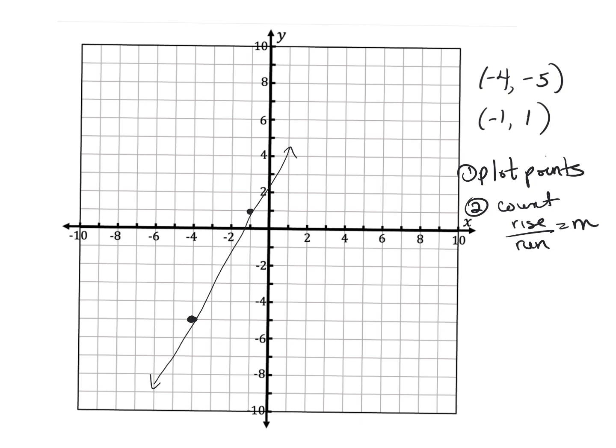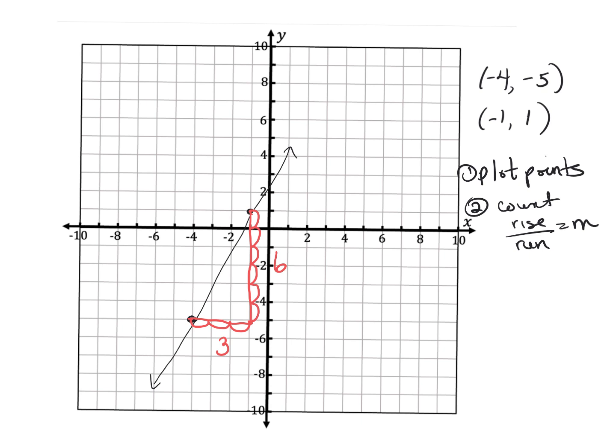So to do that, we draw our right triangle and we count 1, 2, 3. So my run is 3 and my rise is 1, 2, 3, 4, 5, 6.